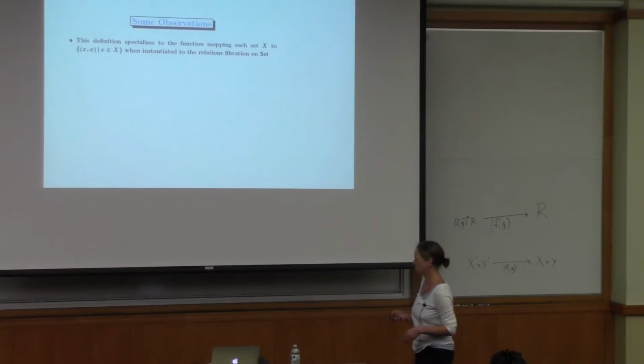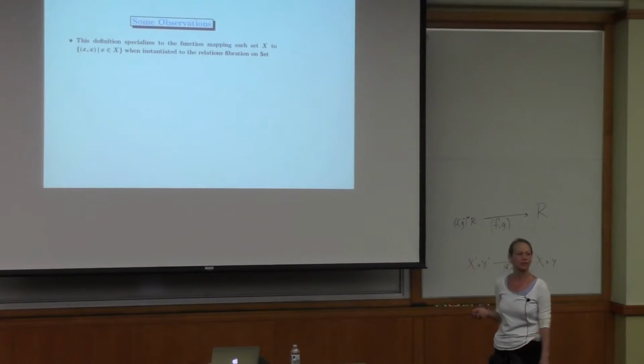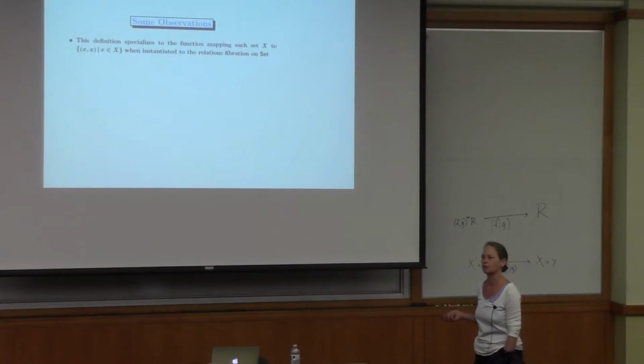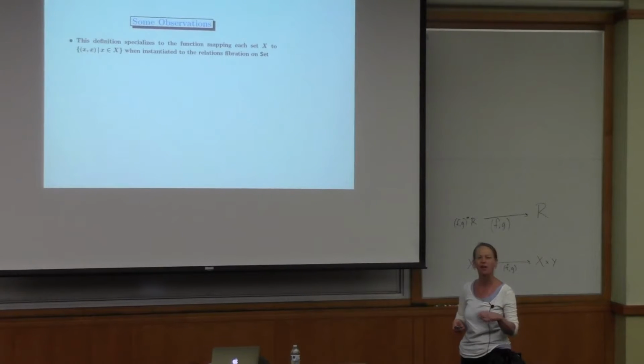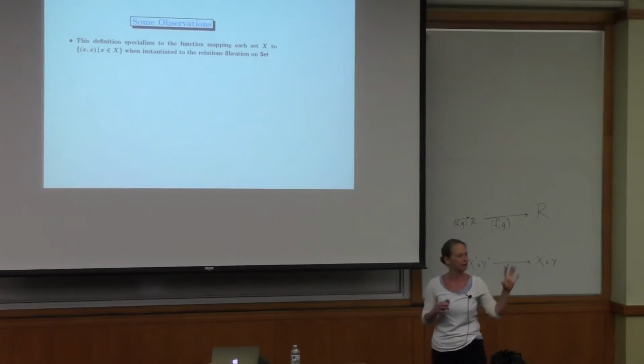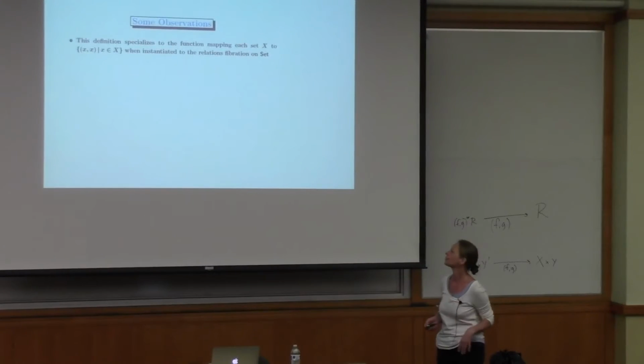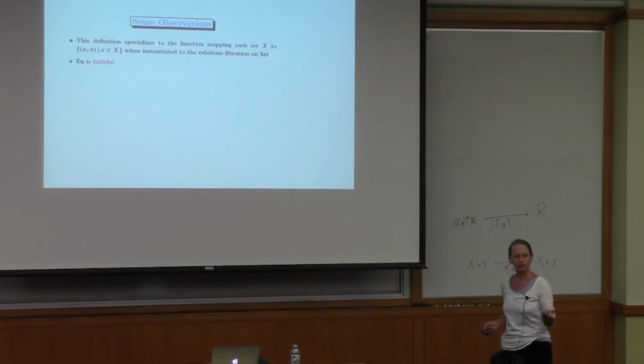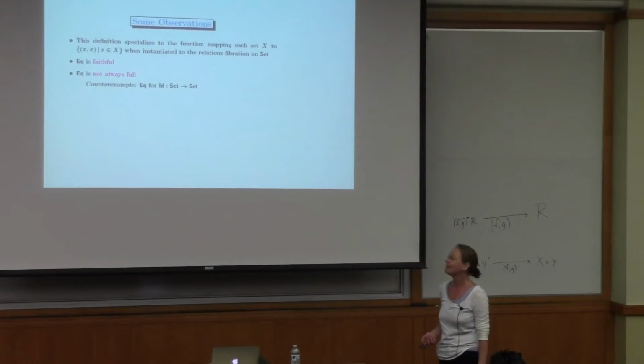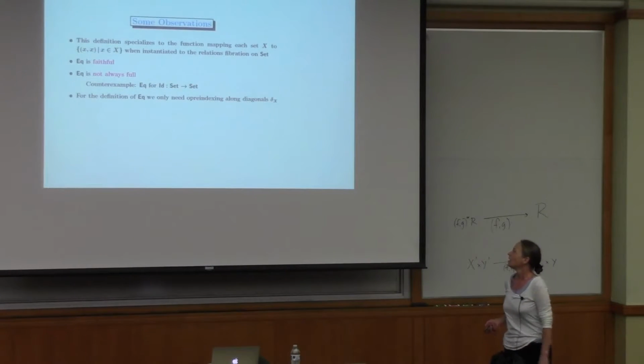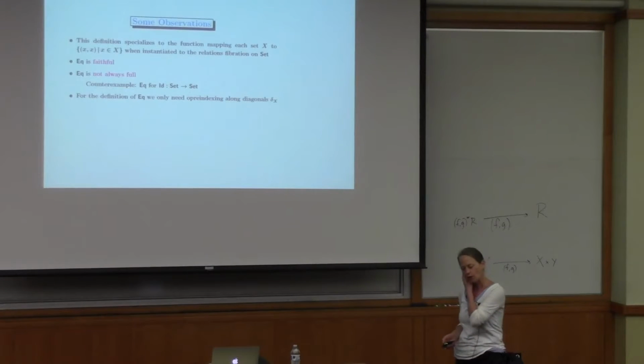Okay, so that's good. And now I'm going to go through this slide really, really quickly, because I'm going to say a bunch of other things that are not relevant for this lecture. But I don't want to remove this stuff from the slide in case you happen to look at the slides later. I want you to have these things as signposts. So the equality functor has some properties. It's faithful, if you know what that means. It's not always full. We only actually need a priori indexing along delta, because that's all I use to make the equality functor.